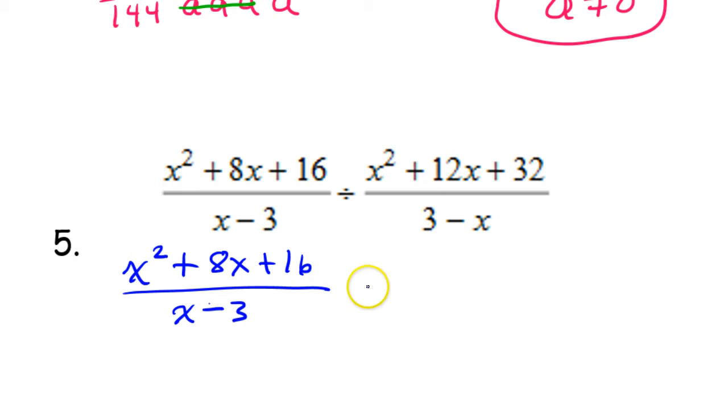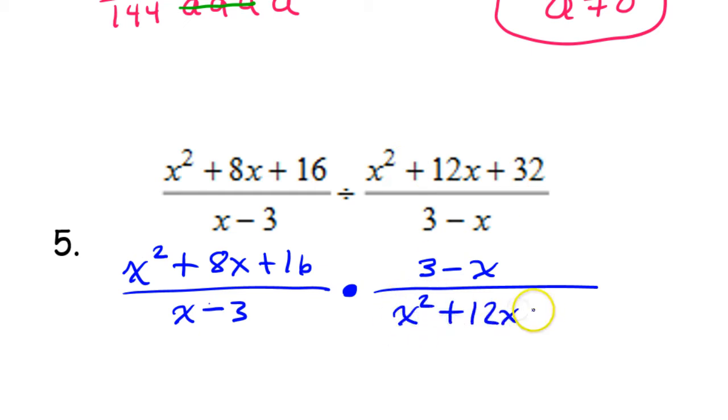That part stays the same. But we're going to turn this into a multiplication problem here, and we're going to turn this upside down. So this will be 3 minus x. That looks a little strange. I'm going to come back to that in a minute. But I'm going to put this in the denominator, x squared plus 12x plus 32.